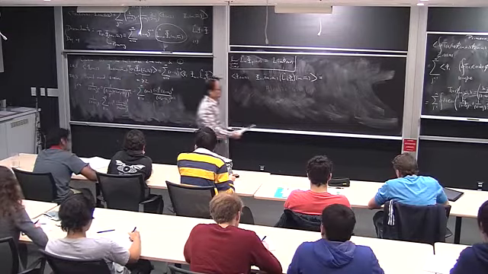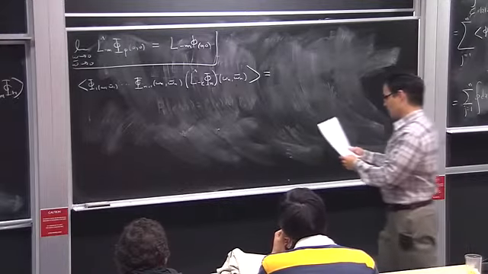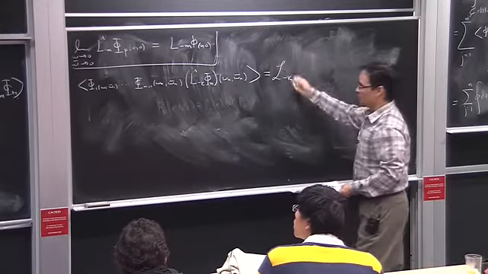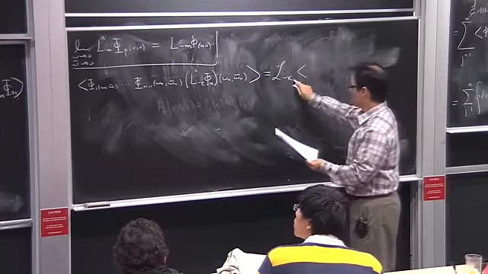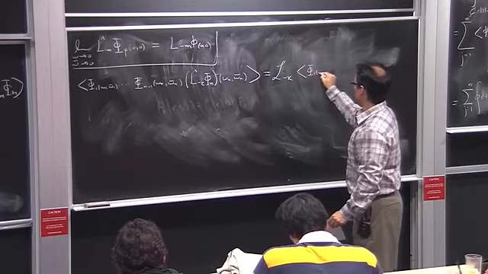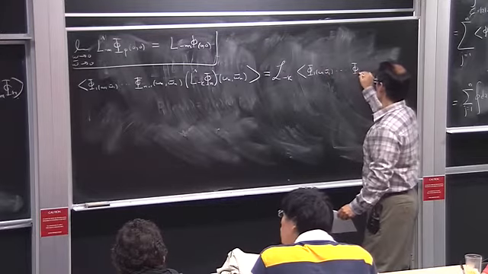Now the trick is to sit with patience and match out the coefficients. And if you did that, you will get a differential operator that people call L sub k acting on the correlation function of the primary operators.